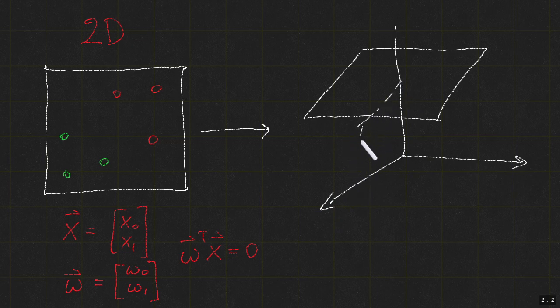Imagine that this is a 1 that we added to each of those points. So now each of them just looks like x0, x1, and 1.